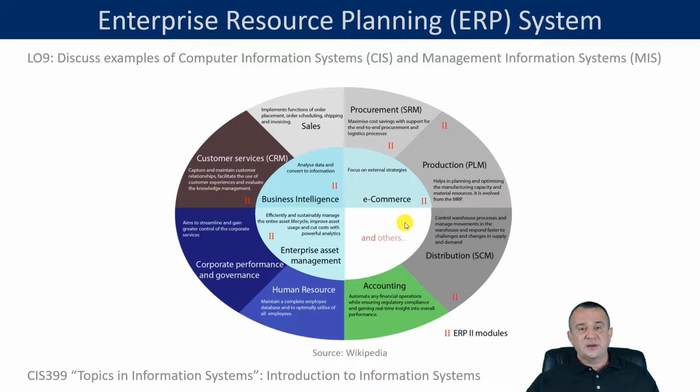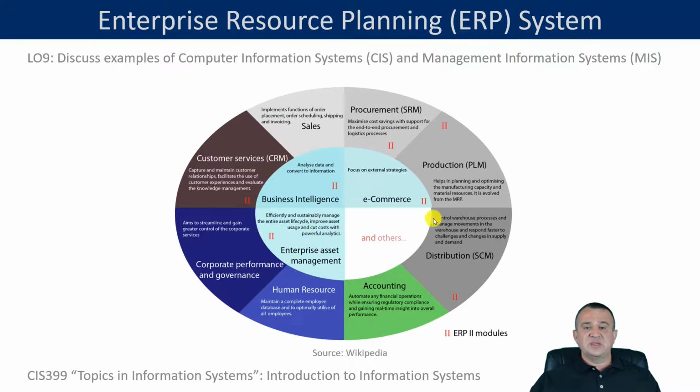Now here we will try to look at some examples of computer information systems, management information systems, and a related concept, enterprise systems. So what you see here is a very high level sketch of the modules that comprise the so-called Enterprise Resource Planning System, or ERP. SAP is by far the most commonly used enterprise information system, especially when it comes to manufacturing, oil companies, energy companies, and things like that.